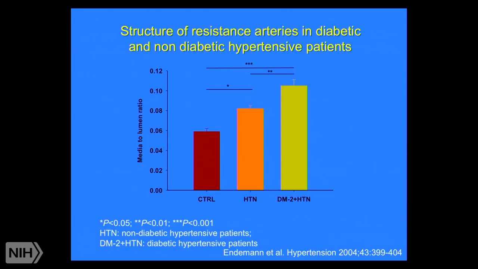Here, in a study that we did, these were diabetic patients who had blood pressures of 145/85, the blood pressures at the end of UKPDS, meaning that these are the blood pressures at which these patients benefit enormously from antihypertensive treatment. These are untreated hypertensive individuals with increased media to lumen ratio.